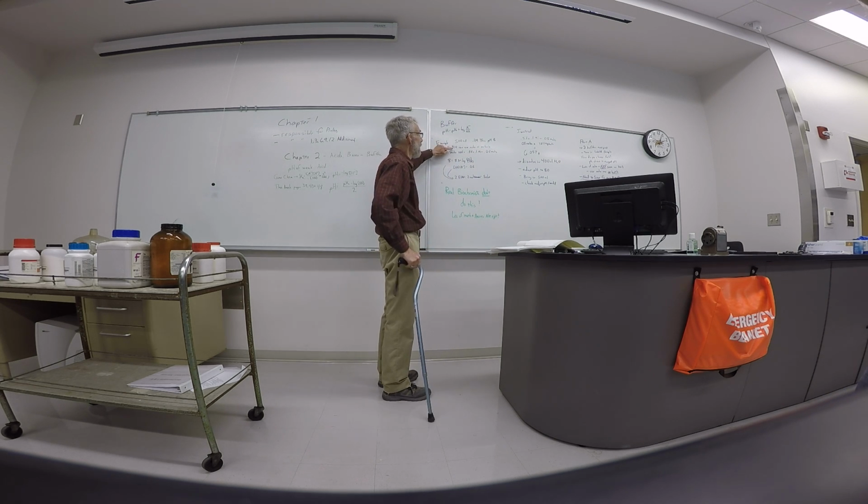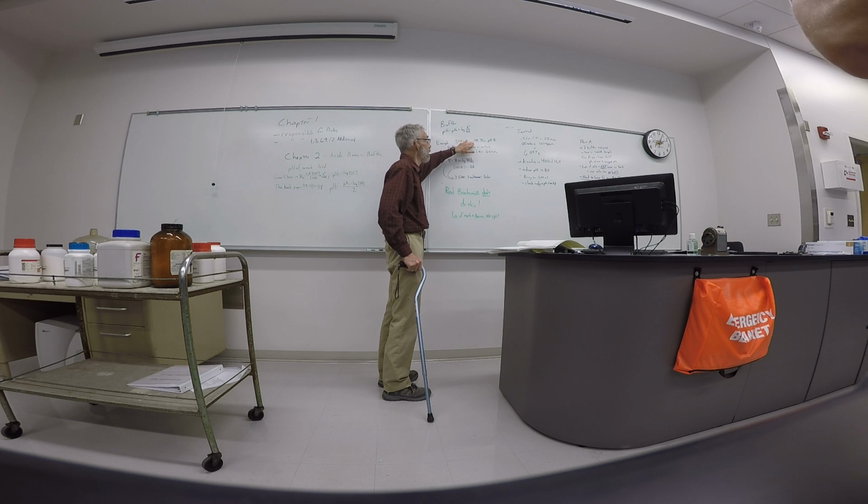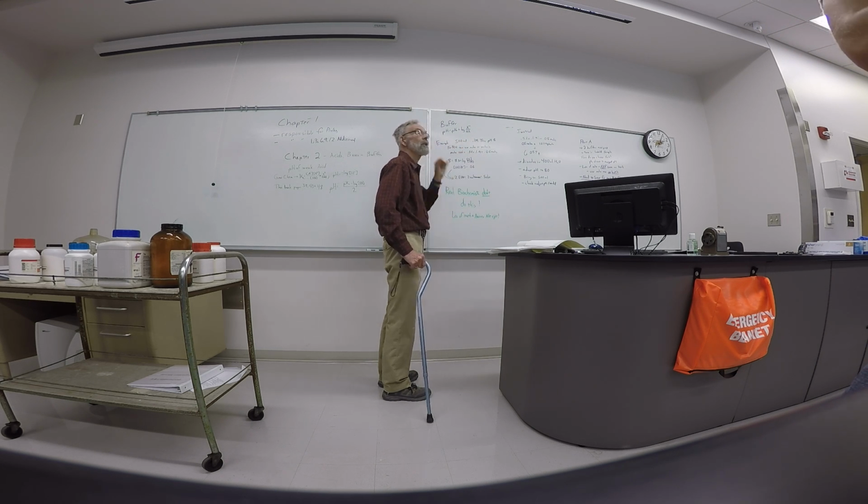When you're using Henderson-Hasselbalch for this ratio, you can use either moles or molarity. So the first thing I'm going to do is calculate the moles of total acid. We've got 0.5 liters times 0.1 molar, 0.5 times 0.1, 0.05 moles total, and that would be tied up in both HA and A minus.